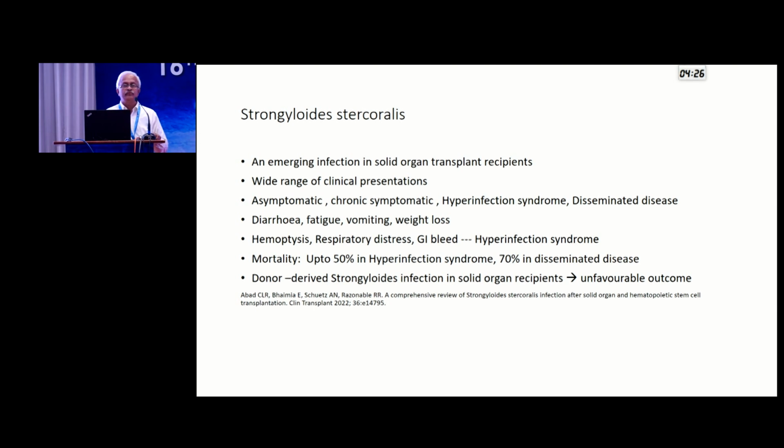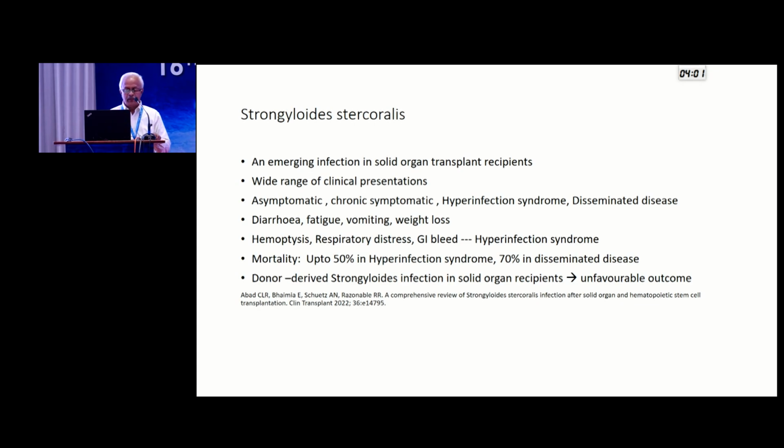But the two clinical phenotypes which are really worrisome are hyperinfection syndrome and disseminated strongyloidiasis. It can even lead to mortality of up to 50% in hyperinfection syndrome and 70% in disseminated disease. In hyperinfection syndrome, patients can go on to develop hemoptysis, respiratory distress, severe GI bleed, death, and so on.